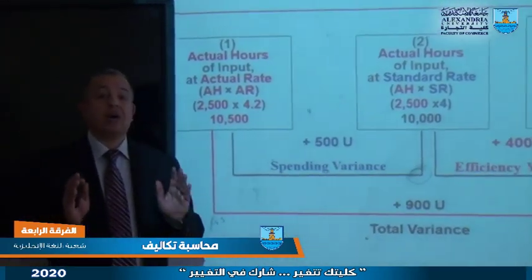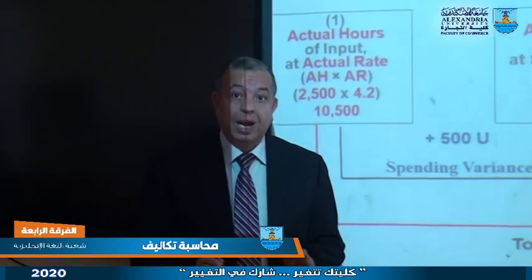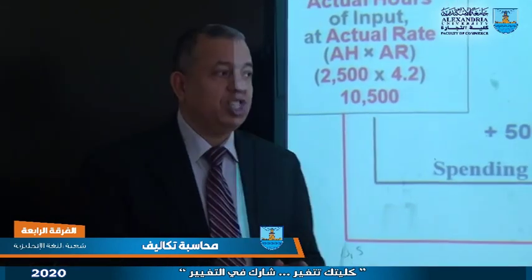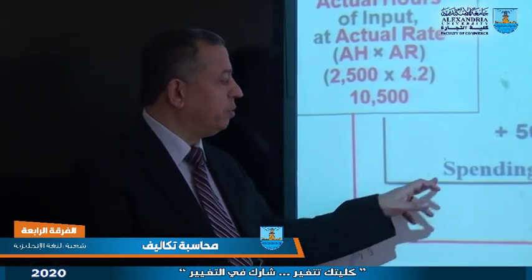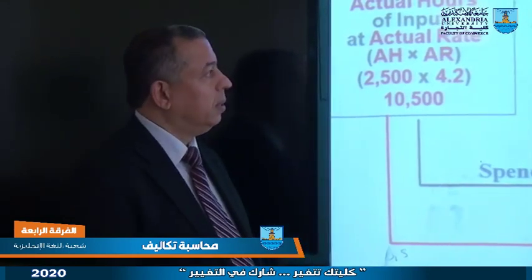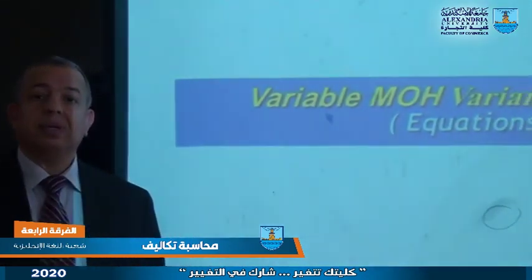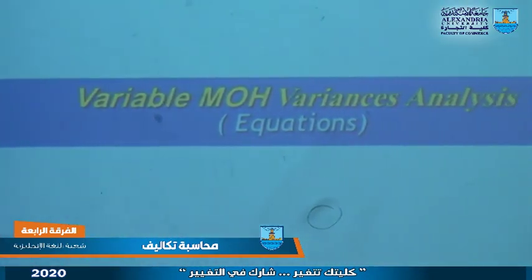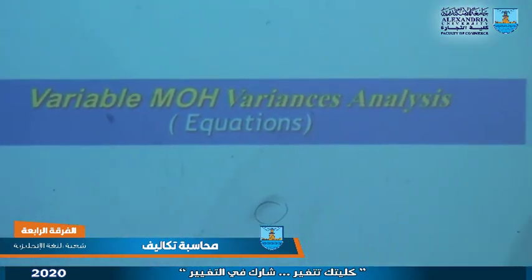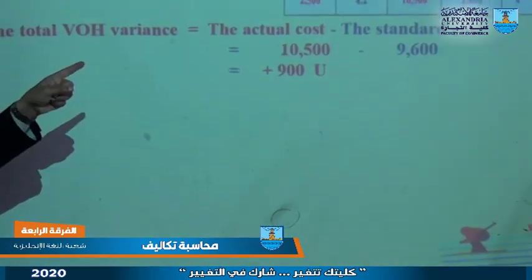It is like how to prepare it for direct labor, but instead of direct labor and variable, instead of spending, I will say rate. If I ask you to calculate the variances using equations, don't forget the first step, my table.